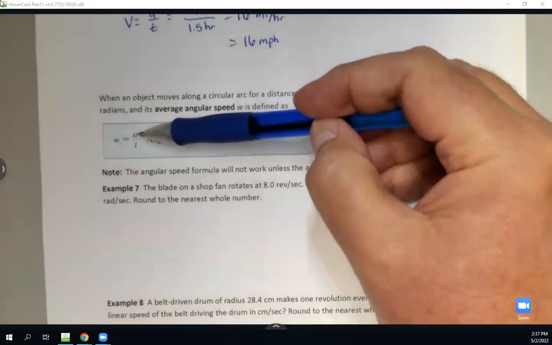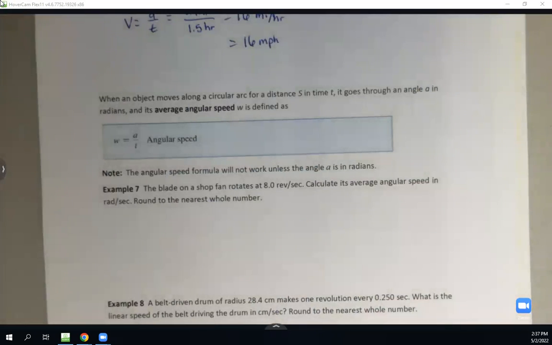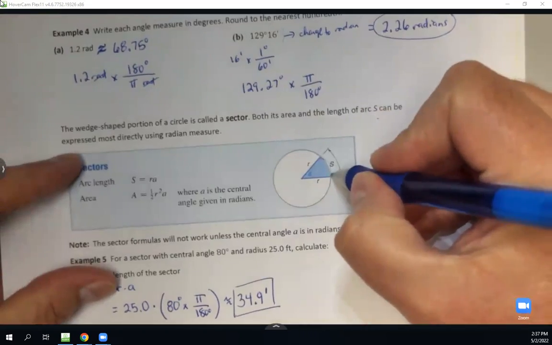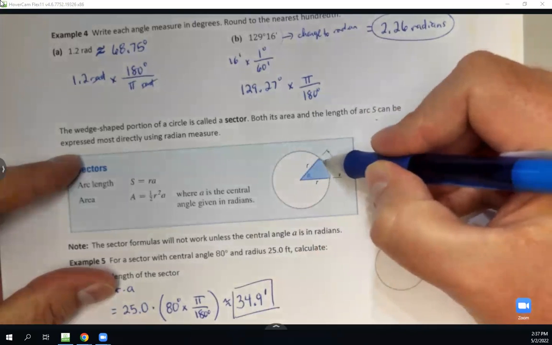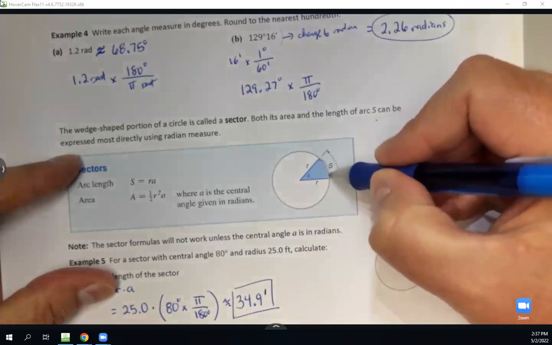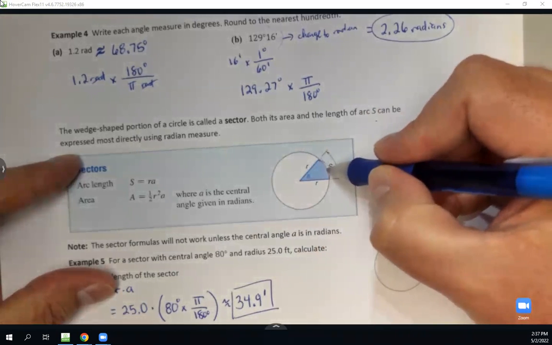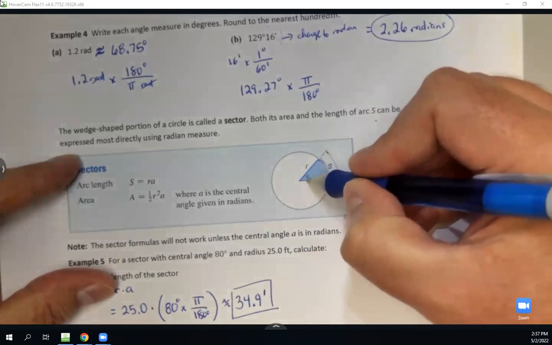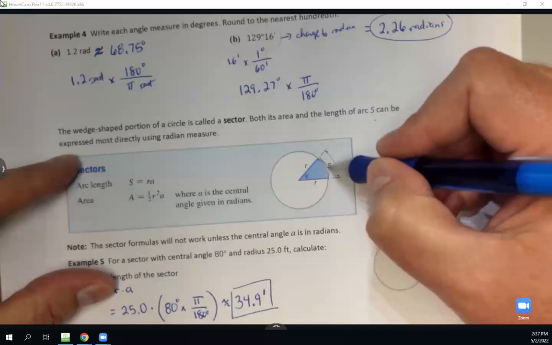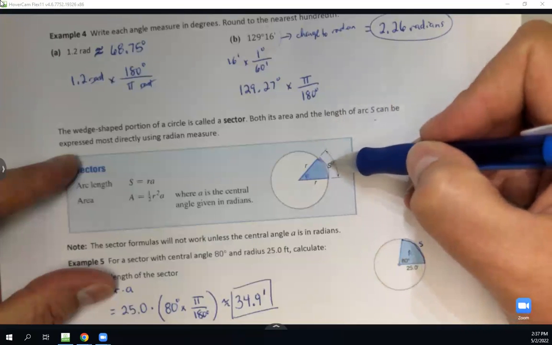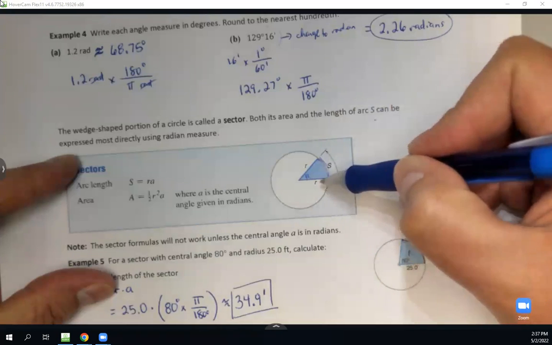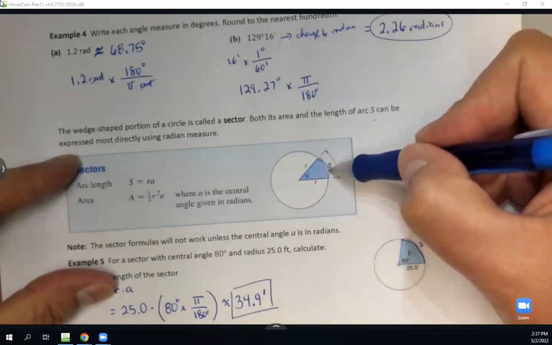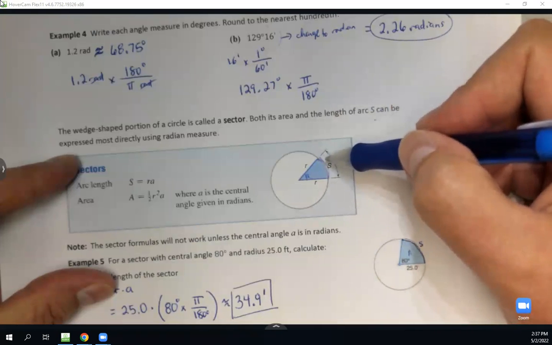If you visualize, say this is the Earth, and you have a car traveling along the edge of the Earth. If it travels this distance, then there's an angle here that's changing. So the angular speed would be how much the angle is changing over time, as opposed to what the distance is over time. Does that make sense?